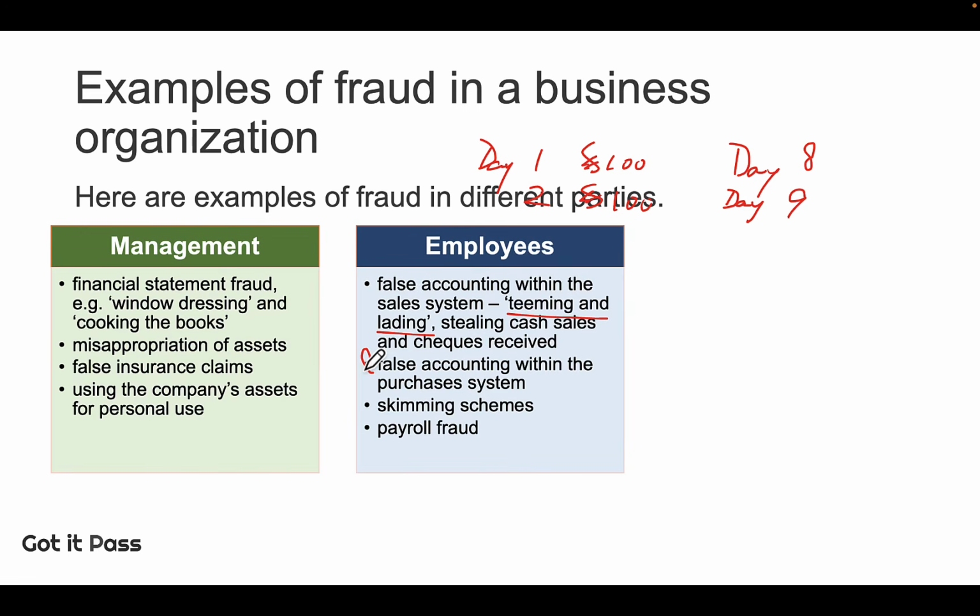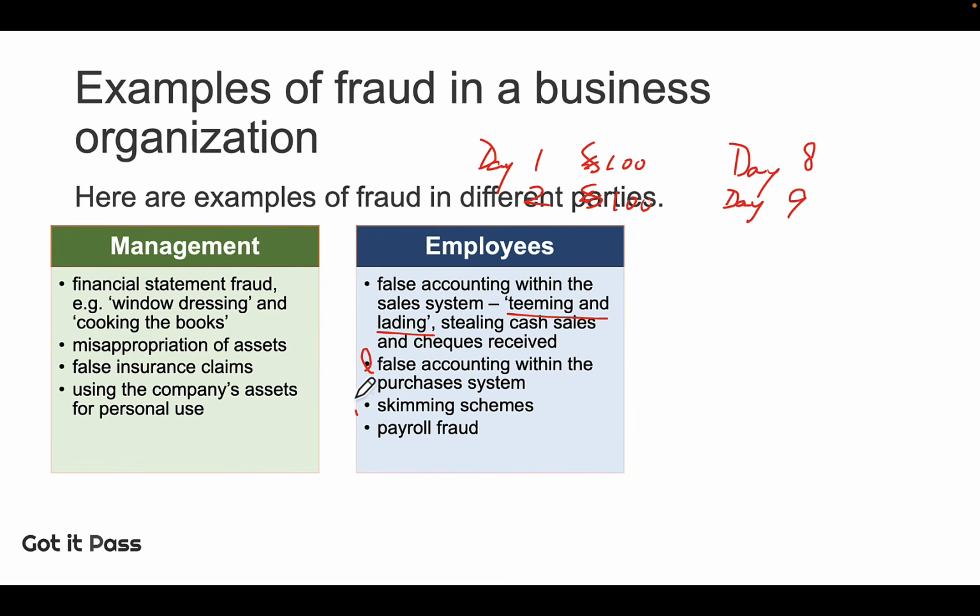So, for example, the company needs to pay 2 purchase invoices because the supplier issued 2 purchase invoices, but one of them is not right or is false. But they input both into the accounting system, and the company has to pay for it. So the company overpaid for the goods received because there are 2 invoices instead of 1 with the same amount.